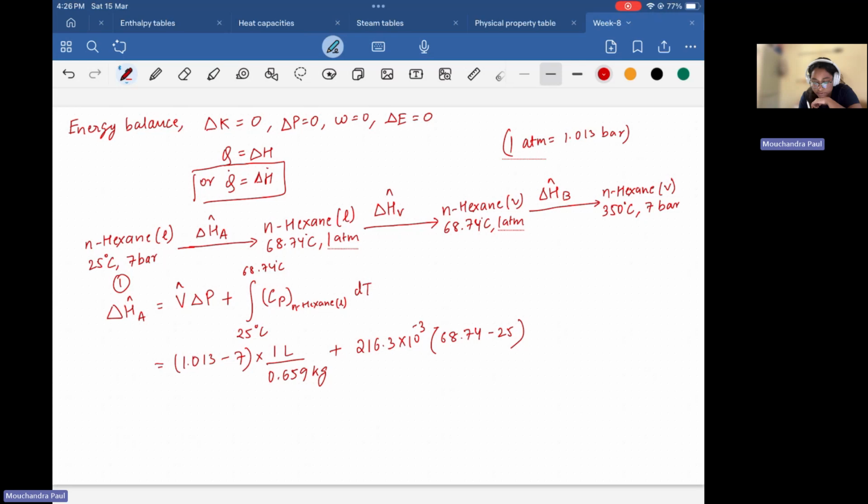Now here the first term will give us kilojoule per mole unit. But the second term will give us a very unusual unit like bar liter per kg. So that will not work. So we have to do unit conversion by considering the value of R, the universal gas constant. So we'll modify the first part here.